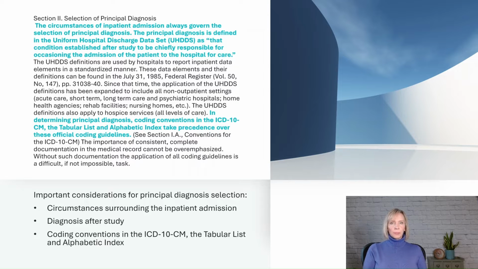This is important because, as stated in the ICD-10 guidelines, the circumstances surrounding the inpatient admission always dictate the selection of the principal diagnosis, and the principal diagnosis is defined as that condition established after study to be chiefly responsible for occasioning the admission of the patient to the hospital. The guideline then goes on to say that the sequencing of codes must adhere to coding conventions which take priority over the principal diagnosis guideline itself.